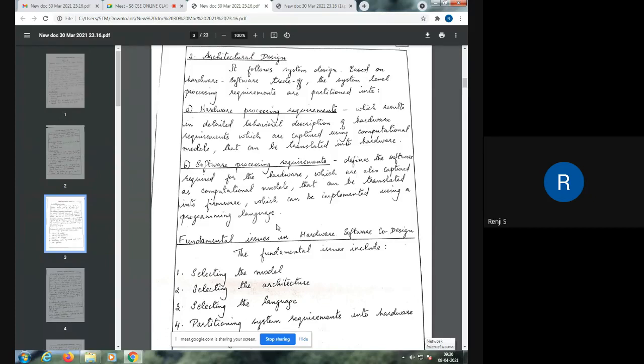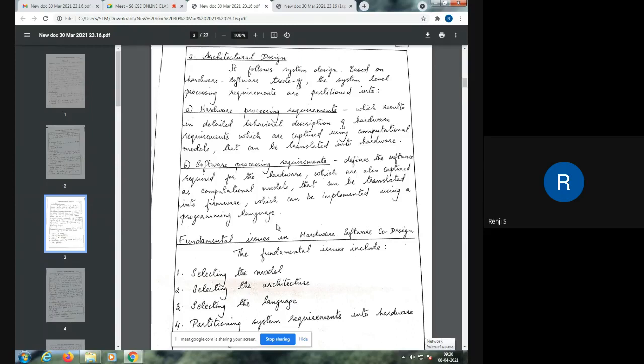So these are the two tasks done in architectural design at the system level. One is capturing the hardware processing requirements, and the second is capturing the software processing requirements. The hardware processing requirements are captured and translated into computational models, and from these models into hardware.